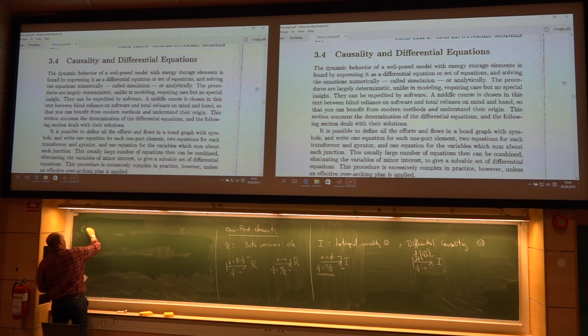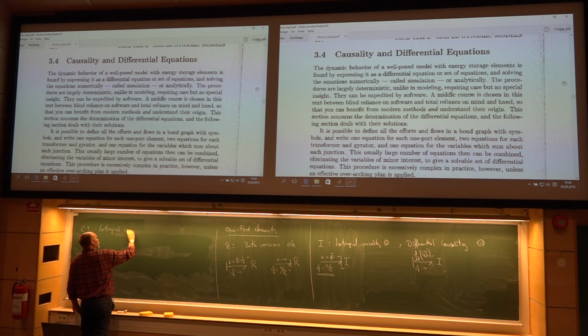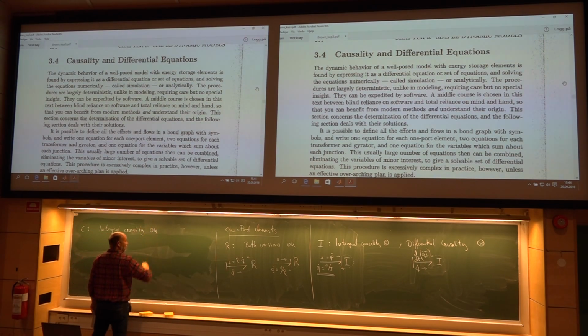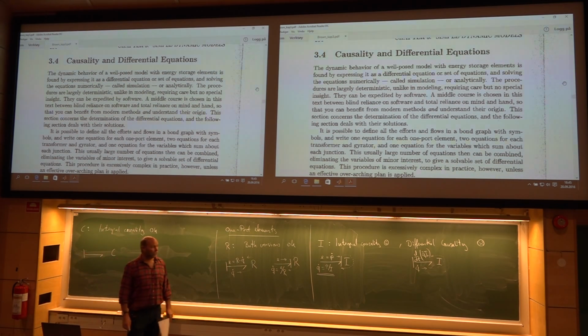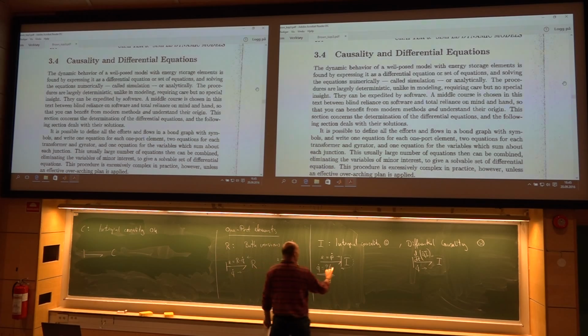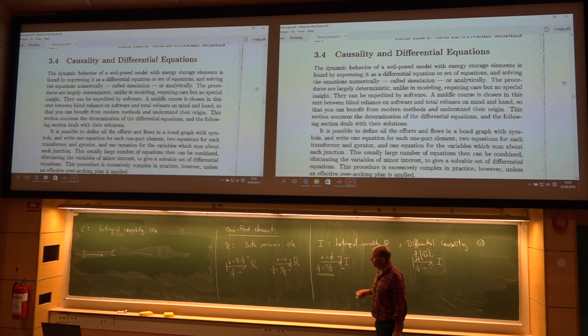The C is also like the integral causality is okay. But here the integral causality actually looks like this. So it's the opposite from the inertance.